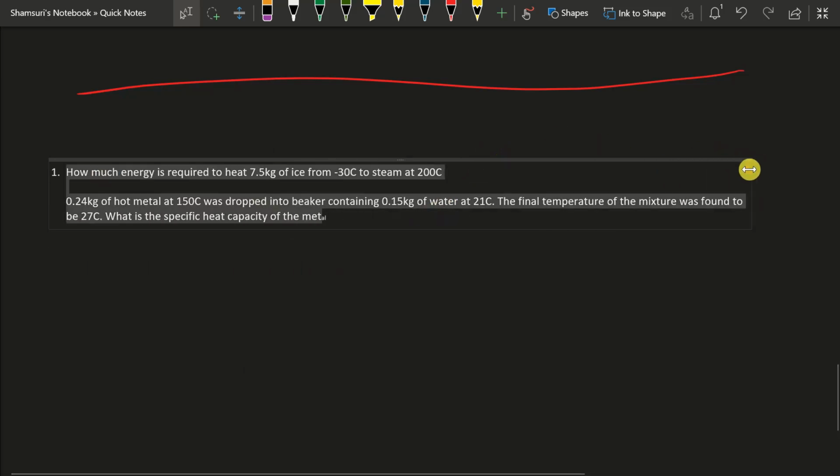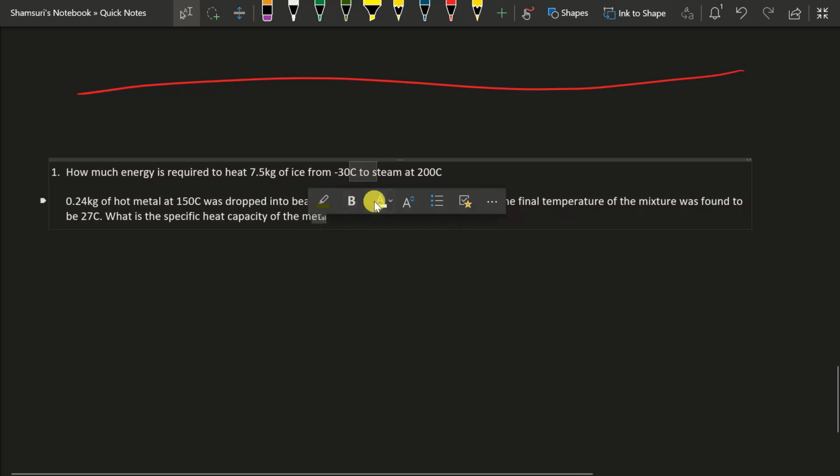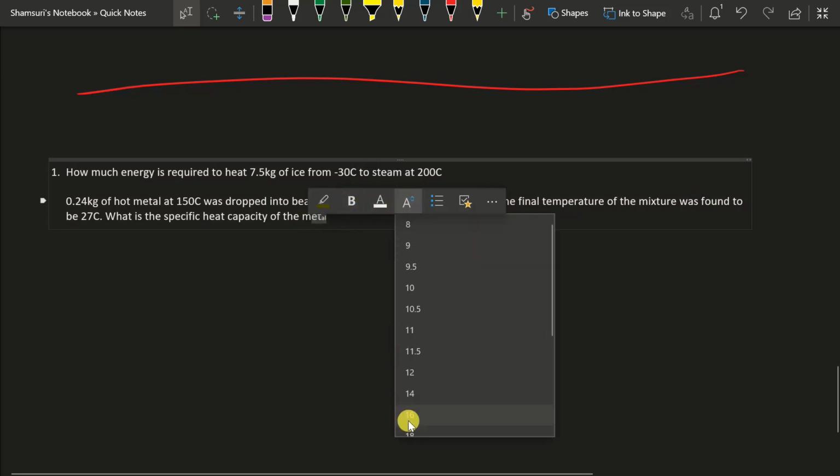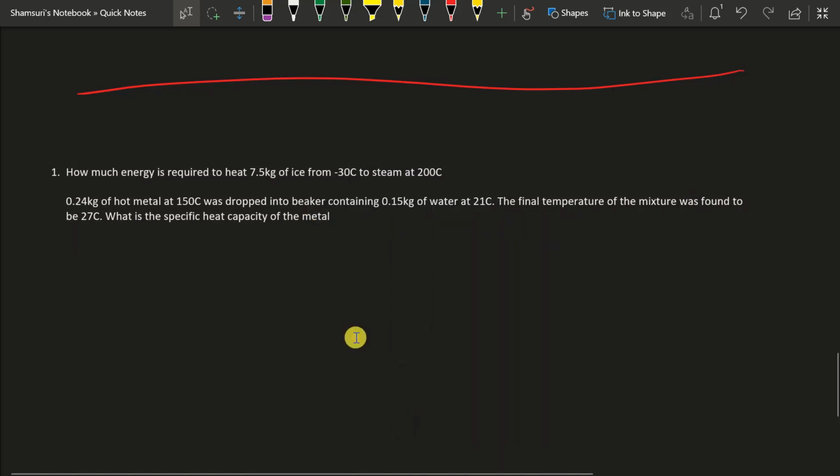This is actually the assignment. This is question one, and this is question two. How much energy is required to heat 75 kilogram of ice from minus 30 degrees, if I'm not mistaken.